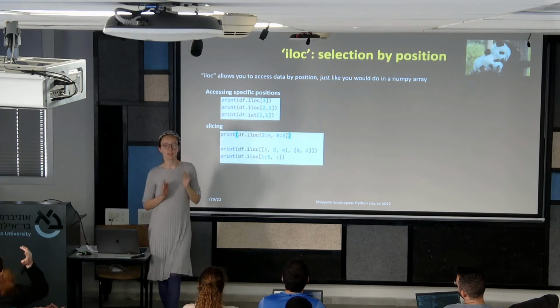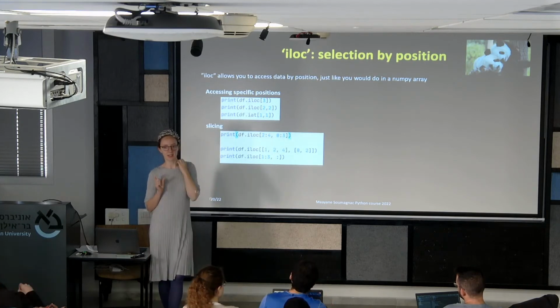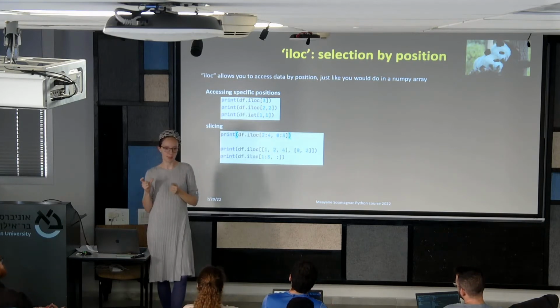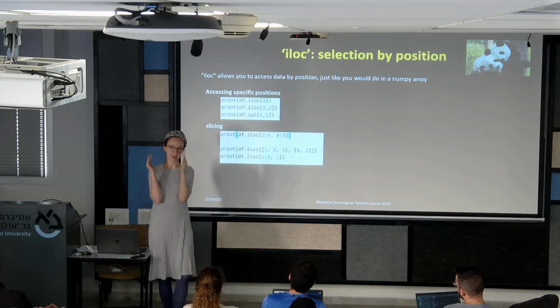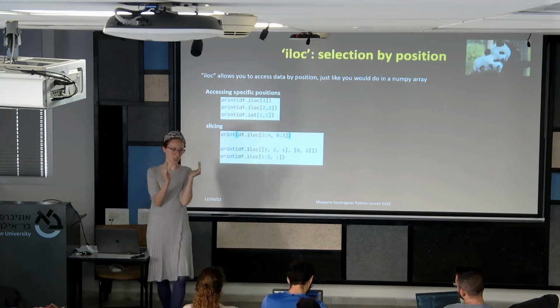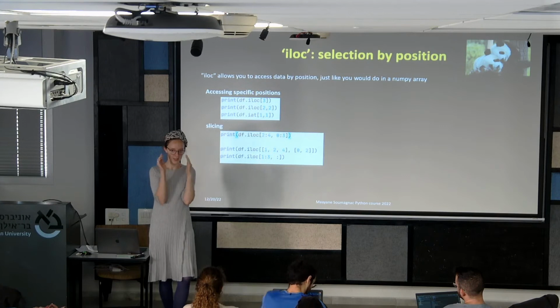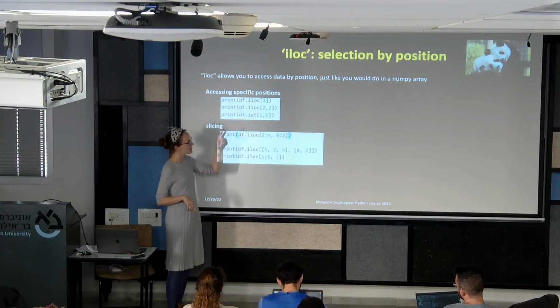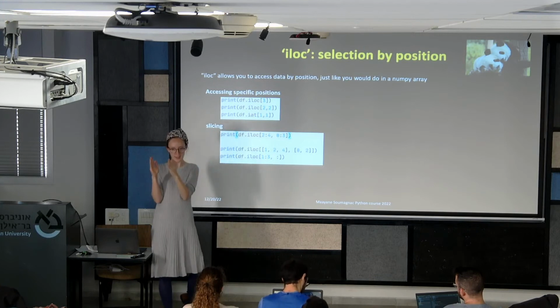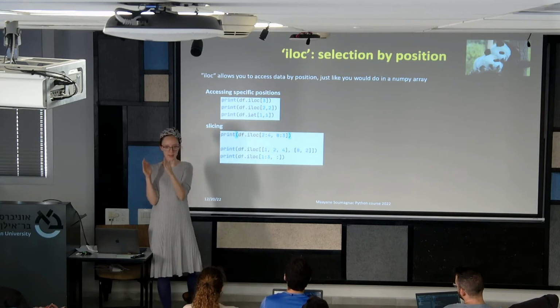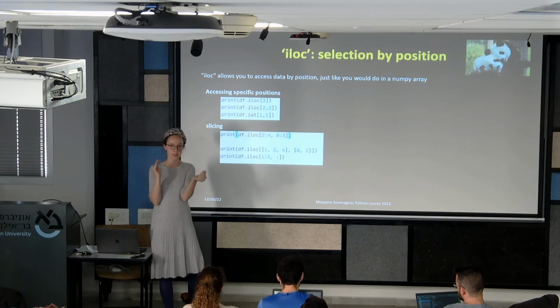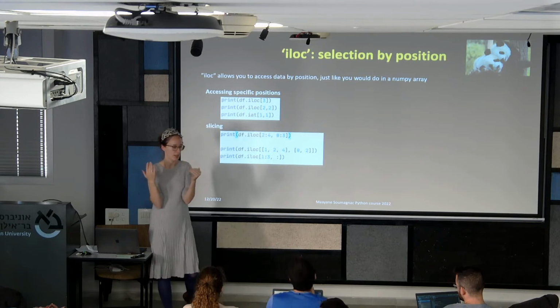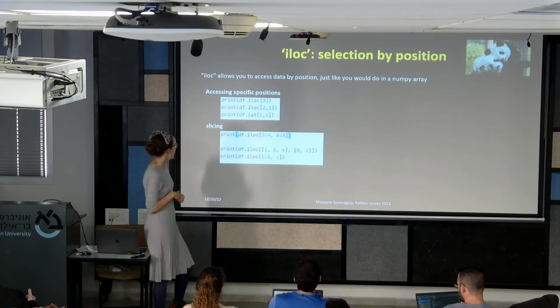In general, a pandas function that works with labels has a name, and the same function that works on positions has the same name with an i. We have the same situation with the function called at that acts on labels, and if you want it to act on position, it's iat. I'll show you an example in a minute.